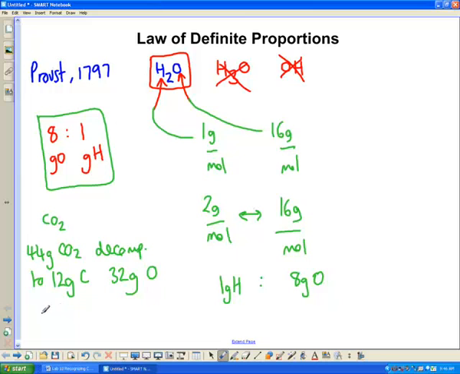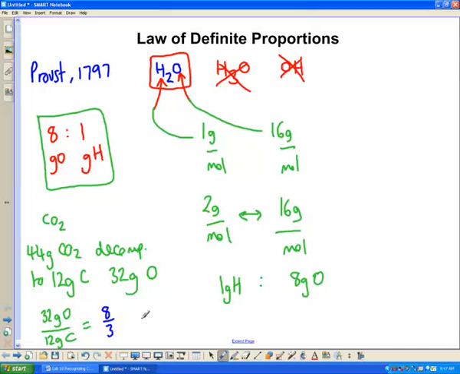We can simply say 32 grams of oxygen to 12 grams of carbon, and we just divide this out. Now here's a challenge for you. Let's see who can do this without using a calculator. 32 divided by 12. Well, 32 and 12 can both be divided by 4, so that gives us 8 over 3.